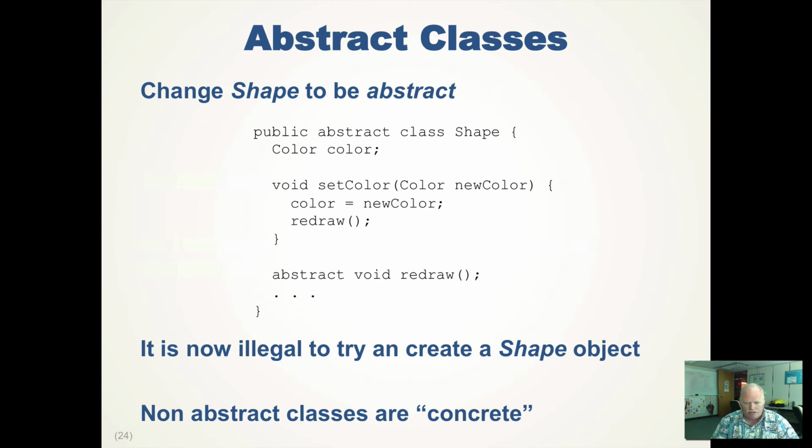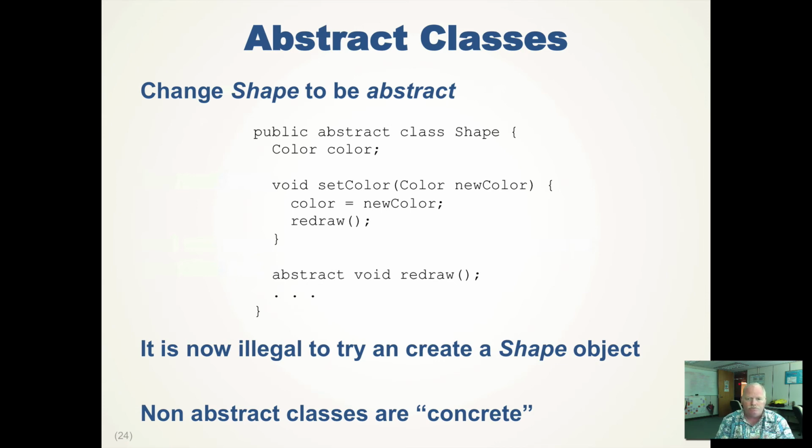It's not defined, it is a method, it's in shape, but we have no body. We're not going to do any work in shape. So we can still subclass shape, but we must implement or override the redraw, which we've already done. But since it's abstract, and we've had to say it was an abstract class and an abstract method, it's now illegal to try to create just a shape object.